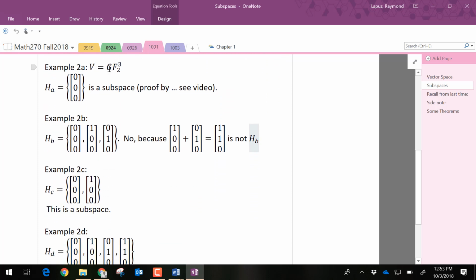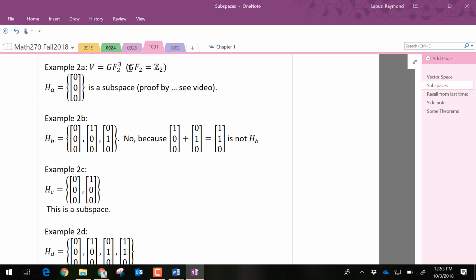By the way, I remember that GF2 is sometimes denoted as the Z with the double bars. In math, they use the Z for integers.